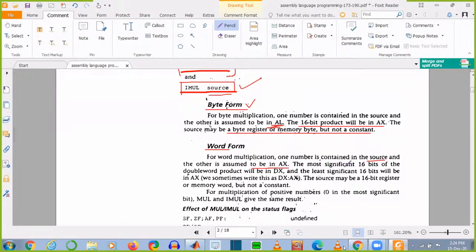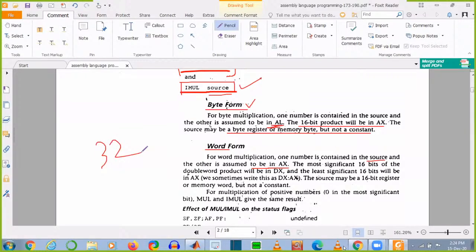The most significant 16 bits of the double word product will be in DX and the least significant 16 bits will be in AX. So whatever the product is at the end, it will be 32 bits.